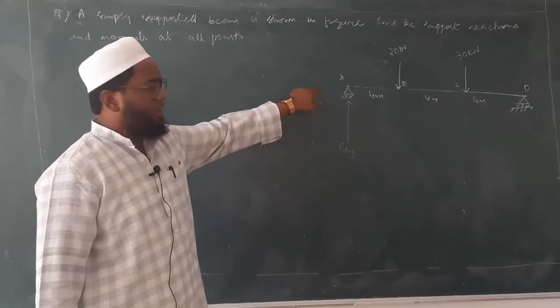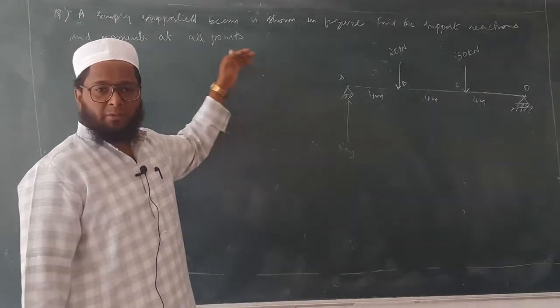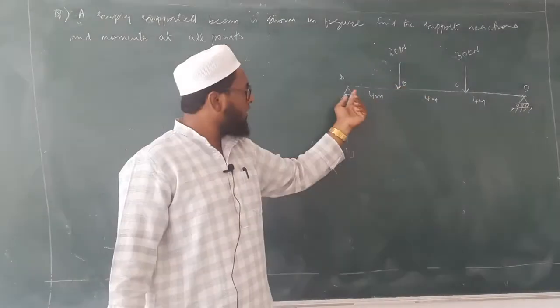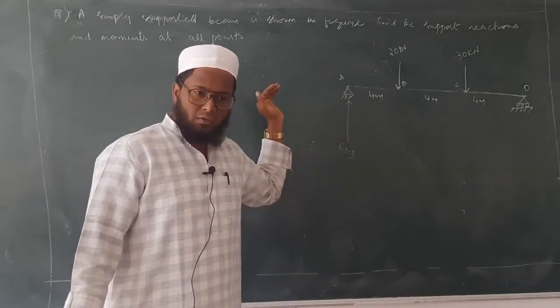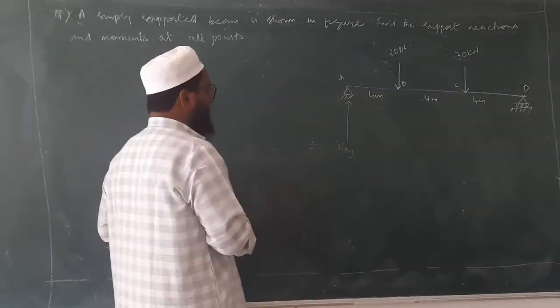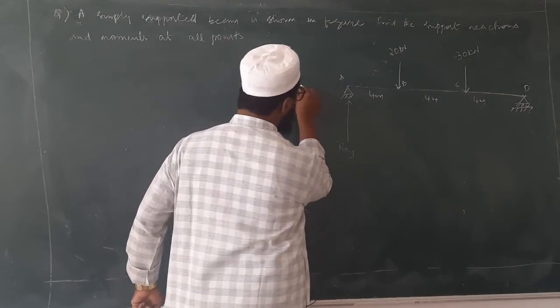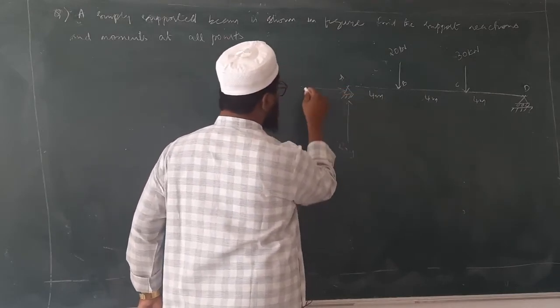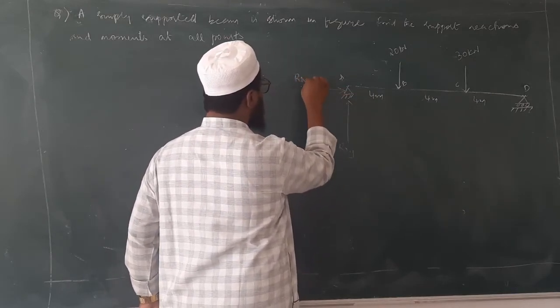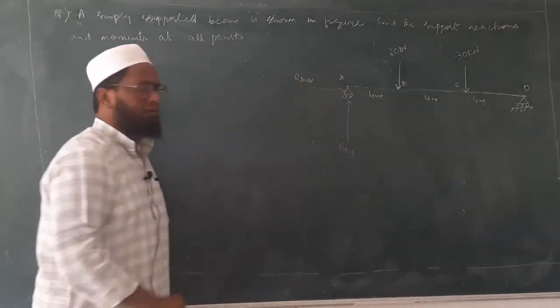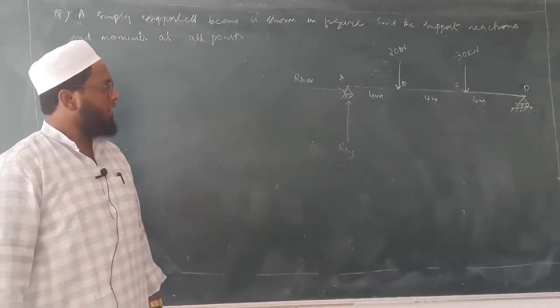Similarly, my reaction at A in X direction will be towards the beam. It will not be away from the beam. It will be towards the beam. So this will be RAX.